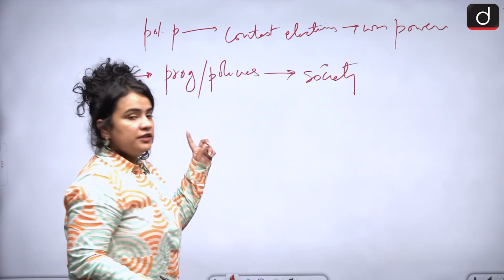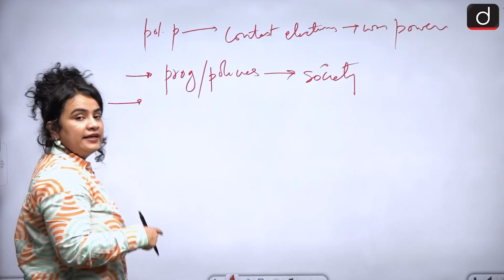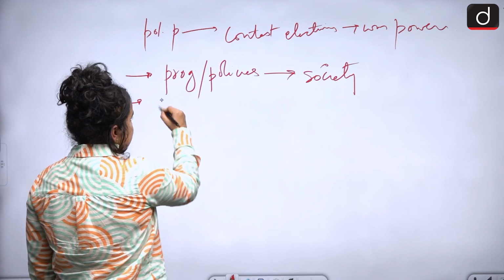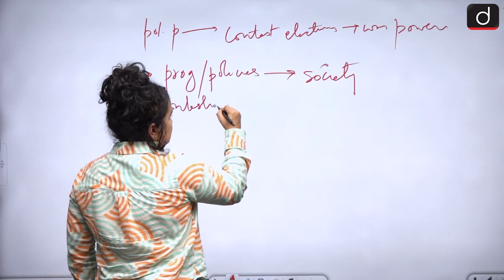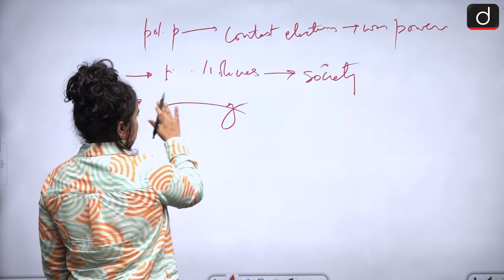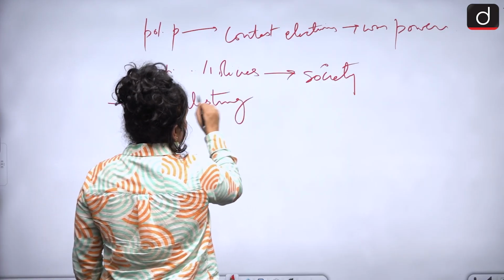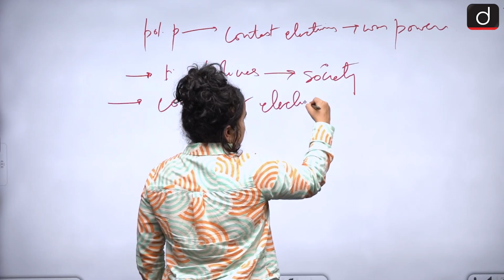That is their first function. What do they do next? They contest elections. So contesting elections is the next function of political parties.